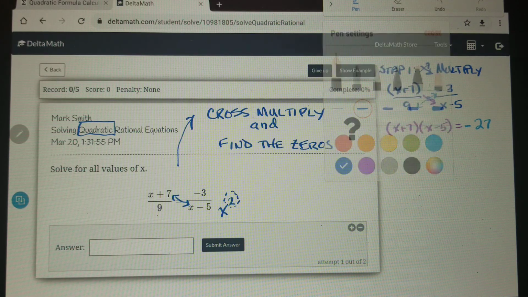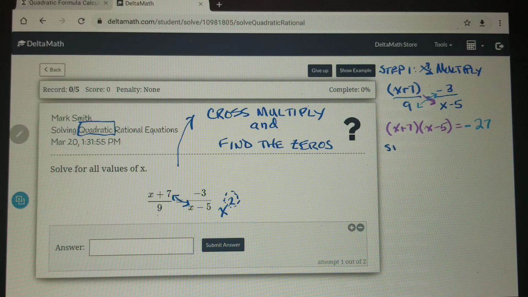So step 1 was the same, we cross multiply. Step 2 is the same, we distribute, except this time you need to multiply these two binomials. And you can use anything you like for doing that. I like to use a distribution method, and that's the one I'm going to show here.